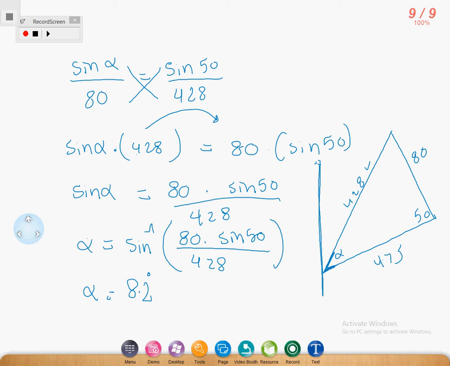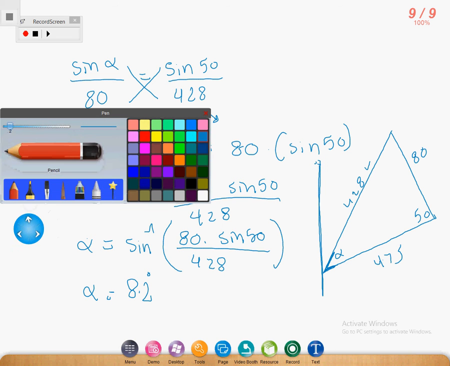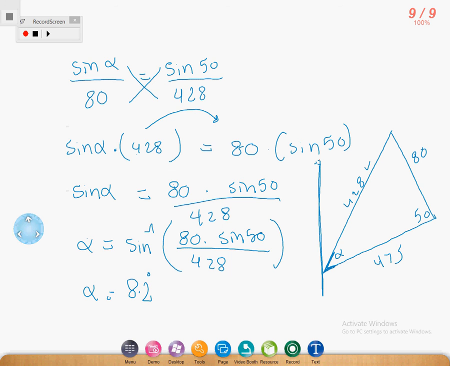This is north. And do you remember what this angle was? It was 70. So the direction will be this angle because it's easier to find it according to north. So this angle will be 70 minus the angle we found, 8.2. So it will be 61.8 degrees.